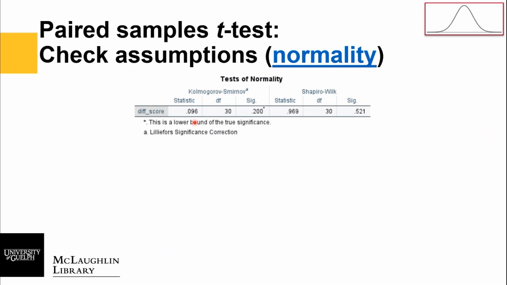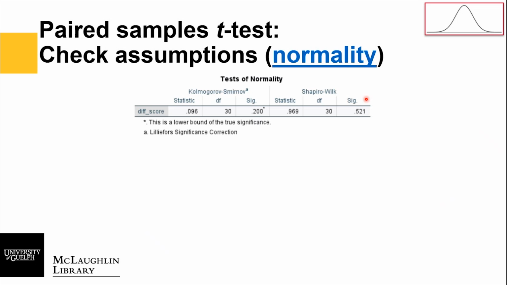If you have fewer than 50 observations per group, or in your difference score column, you're going to look where it says Shapiro-Wilk statistic. We're going to be using the Shapiro-Wilk because we have 30 observations. And what you're looking for is in the Sig column. If your p-value is less than 0.05, you have failed the assumption of normality, which means you cannot use the paired samples t-test. It would be inappropriate to do so.